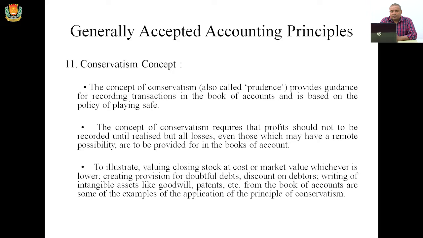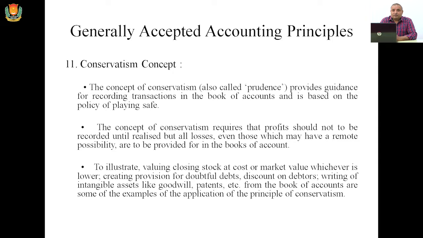For example, we make provision for bad and doubtful debts on debtors due to the possibility of non-recovery. But even if we come to know that one of our creditors has died and we will not have to make payment in future, then also, after knowing the fact that the creditor has died and there is no chance of making payment to that creditor, this cannot be recorded.